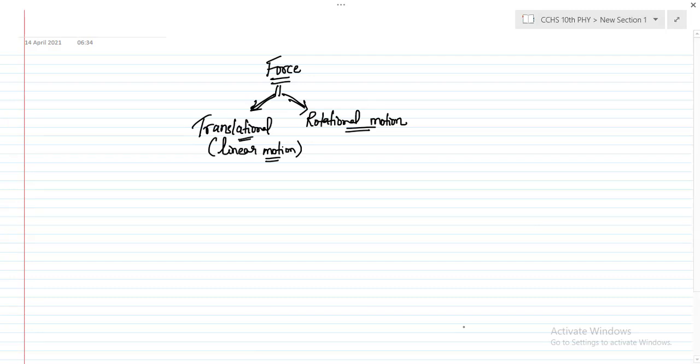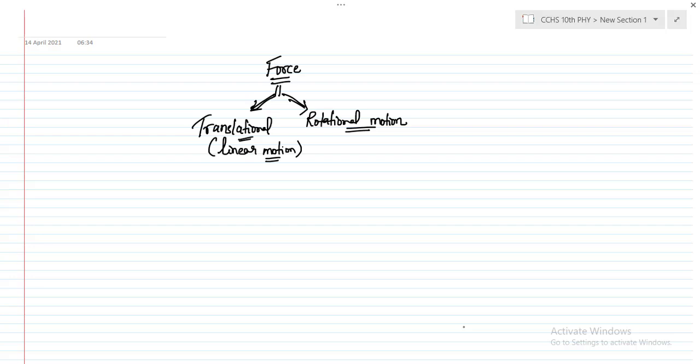When a force acts on a rigid stationary body which is free to move, the body is free to move means that the body is not fixed to a point or to the surface, then the force acting on the body lets the body move in the direction of force.